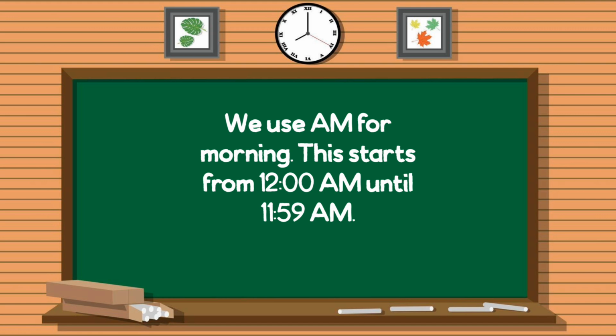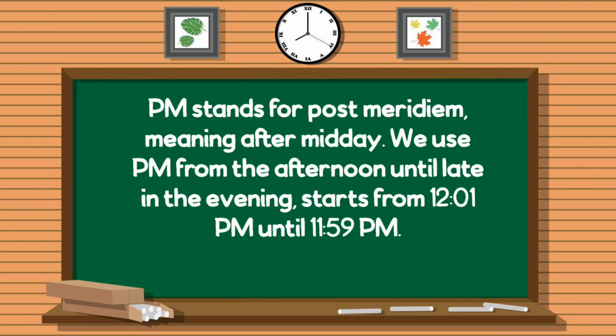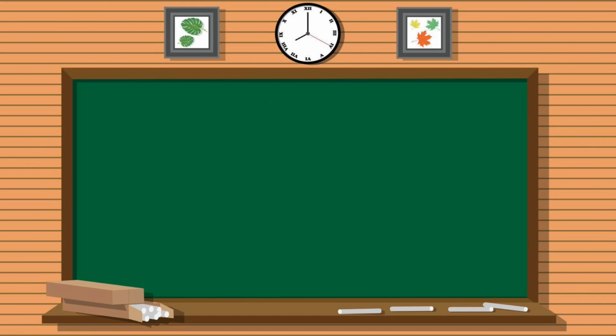This starts from 12 a.m. until 11:59 a.m. PM stands for post meridiem, meaning after midday. We use PM from the afternoon until late in the evening. It starts from 12:01 p.m. until 11:59 p.m.